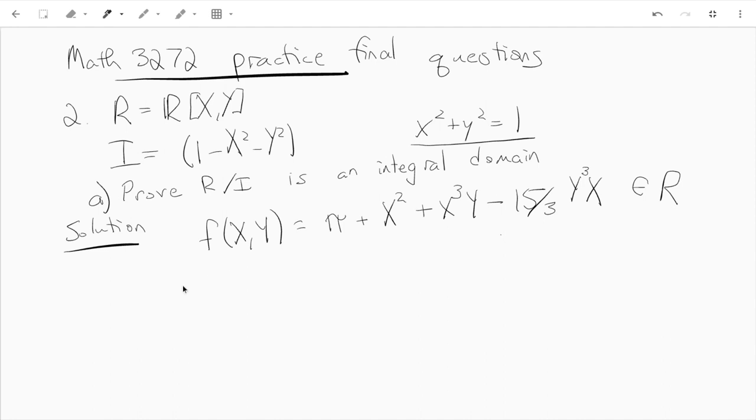Well, we should give names to the things in R mod I. So the first thing we do is put little x to be the coset of big X mod I, and put little y to be the coset of big Y mod I.